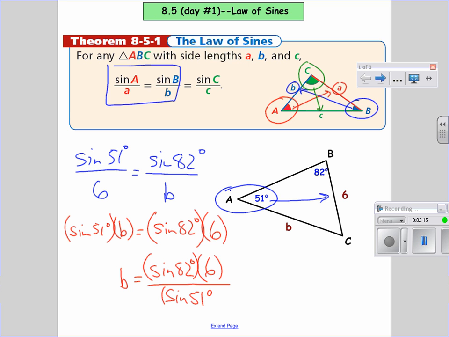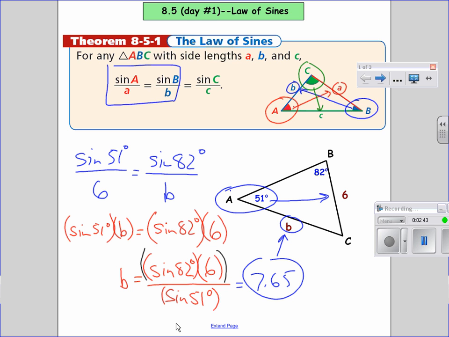Right? We divide to get B by itself there. Put that in our calculator, and we're careful that on the top we put these two things together and divide by the sine of 51 last, and we get B equals 7.65. And we've solved for a missing side using law of sines.